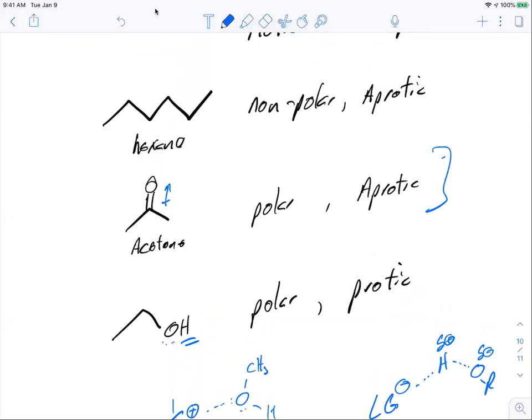So SN2 prefers polar aprotic. Now, will it work in a polar protic? Yes. But SN1 favors a polar protic because it'll stabilize that carbocation. So by changing the solvent in SN2, I may make a small difference, but changing the solvent in SN1, I may make a huge difference.